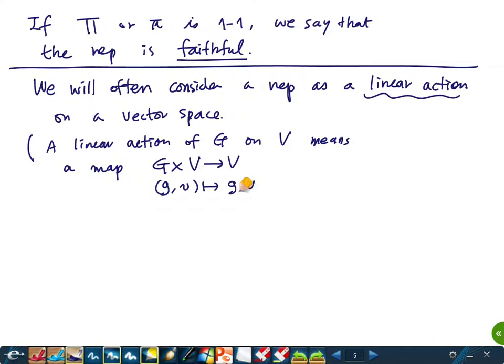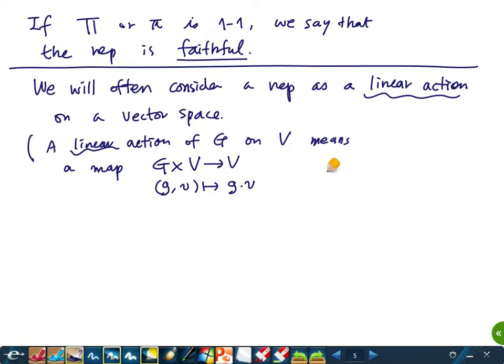It kind of acts on V. That means it receives a vector V and turns it into another vector. So it's an action. But linear means it respects the linear algebra, the vector space. It respects all the axioms of the vector space.